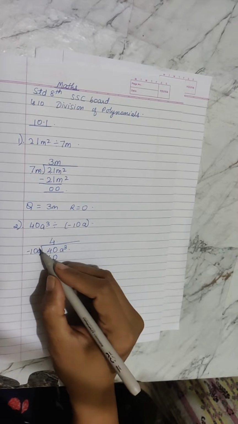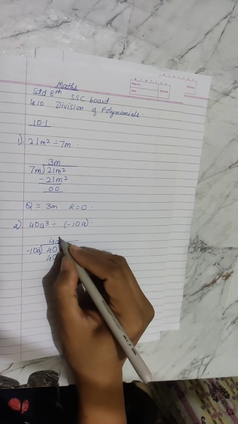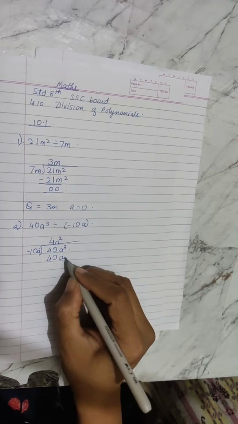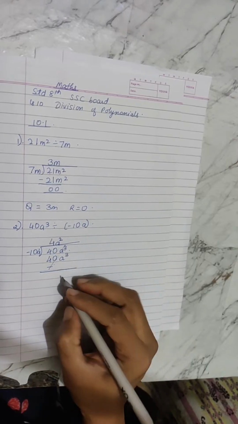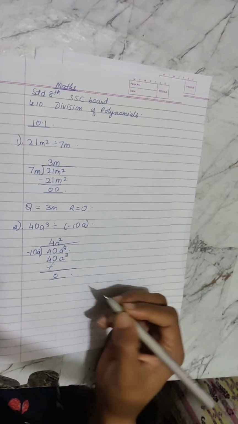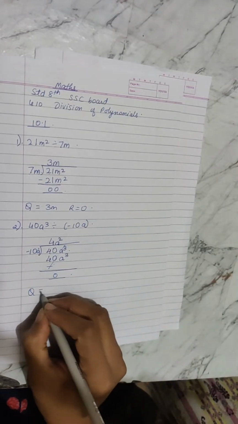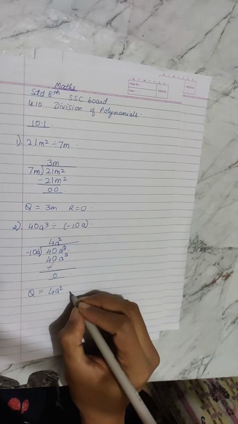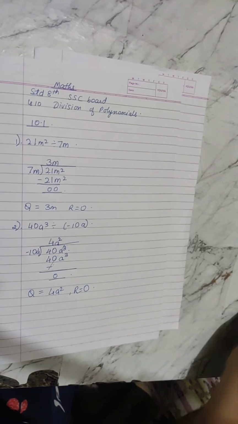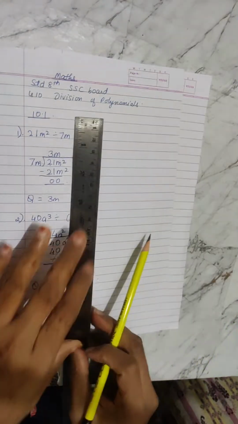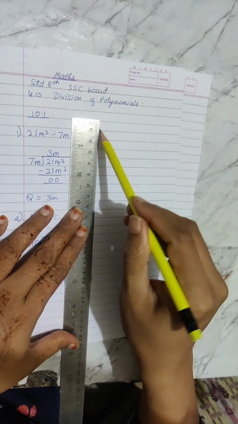There is nothing here, meaning 1. So 3 minus 1 is 2. So I have to divide it by a square, so I will get a cube. Change the sign, everything gets cancelled and the remainder is 0. So the quotient is 4a square, remainder is 0. Okay, I hope now you all are finding it easy.